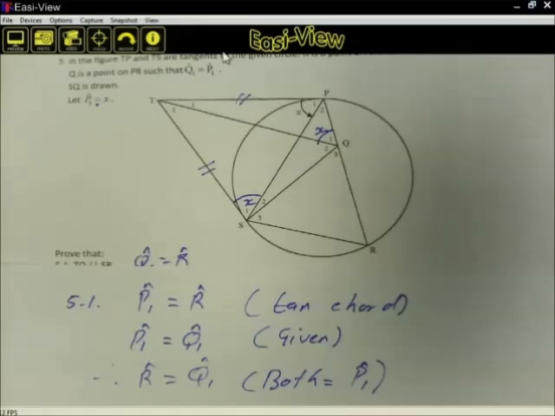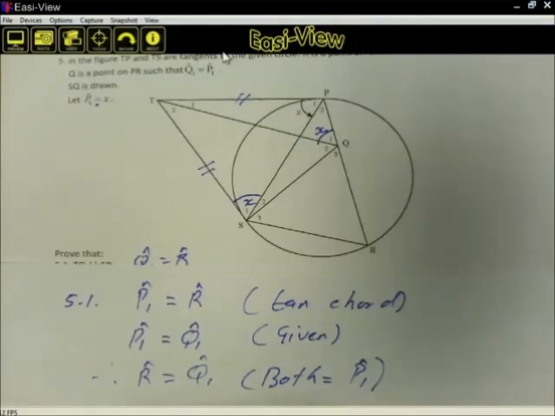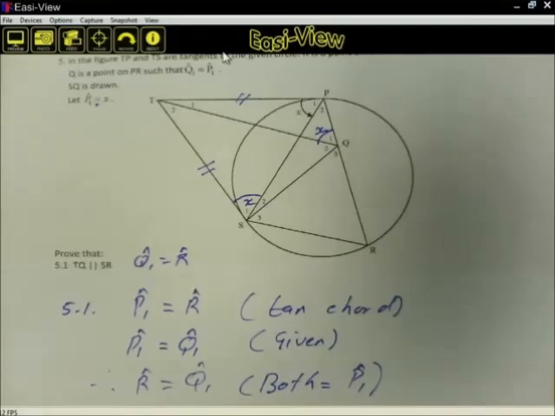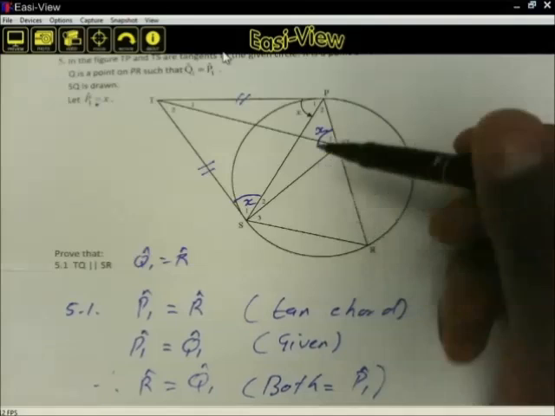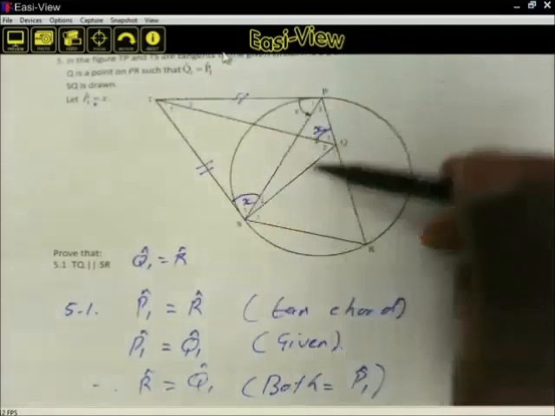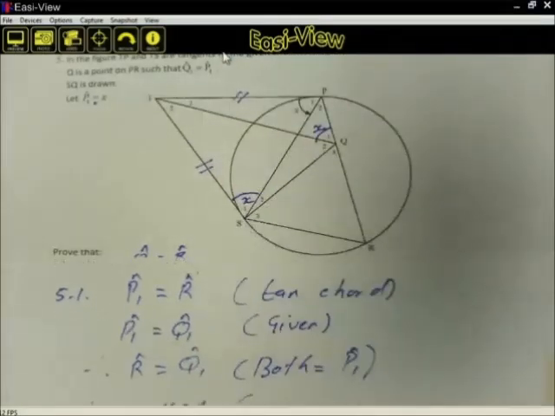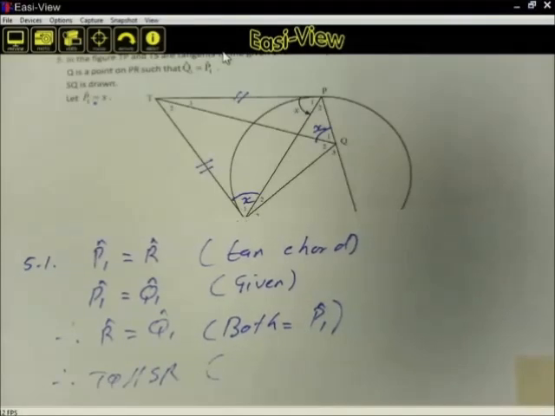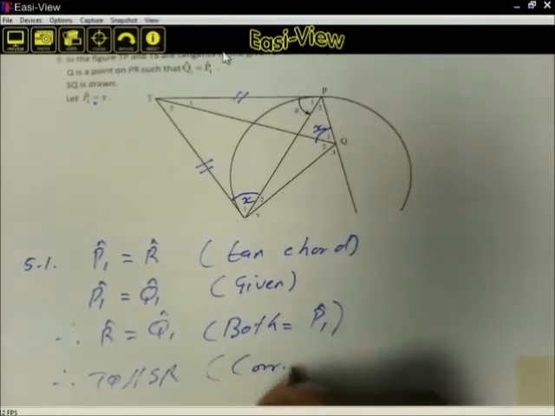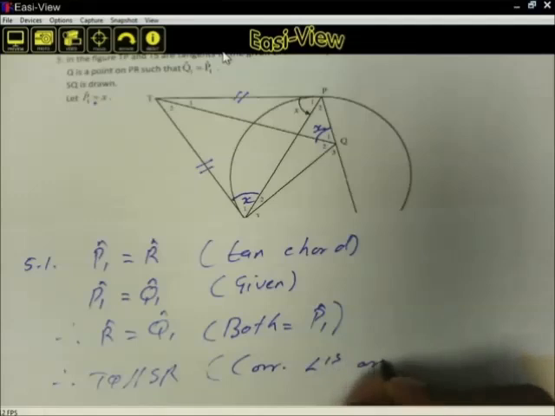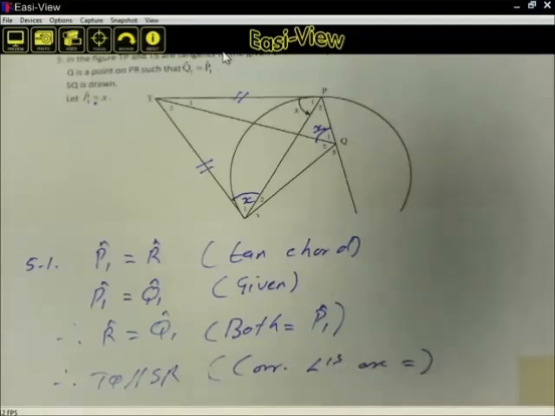And remember, corresponding angles will only be equal if and only if they lie on parallel lines. That's why we draw a conclusion that TQ is parallel to SR. The reason is that the corresponding angles are equal.